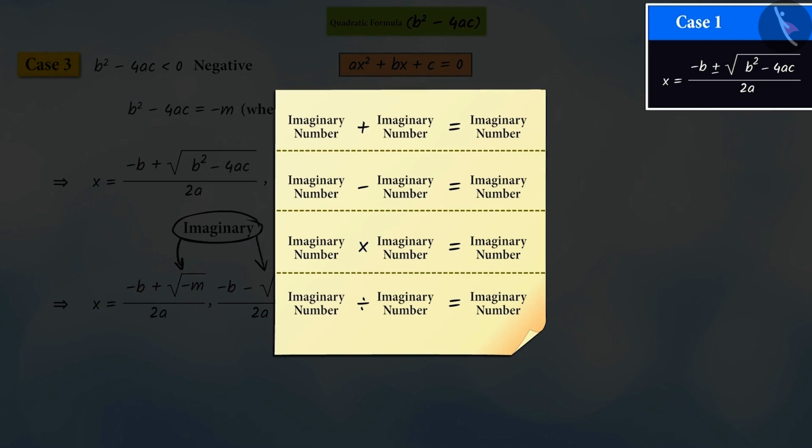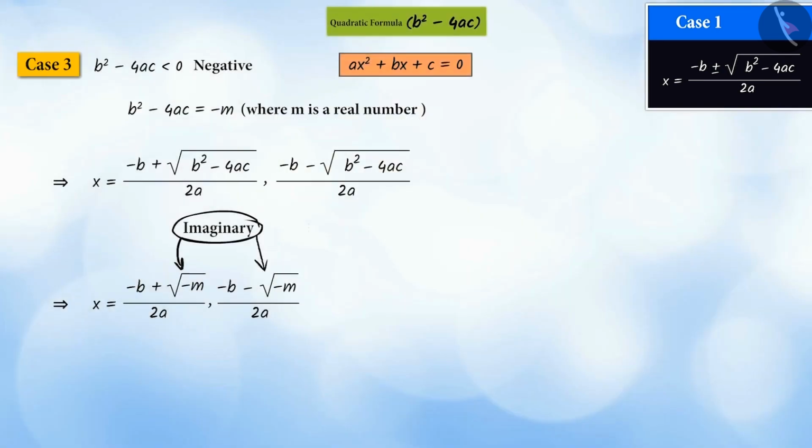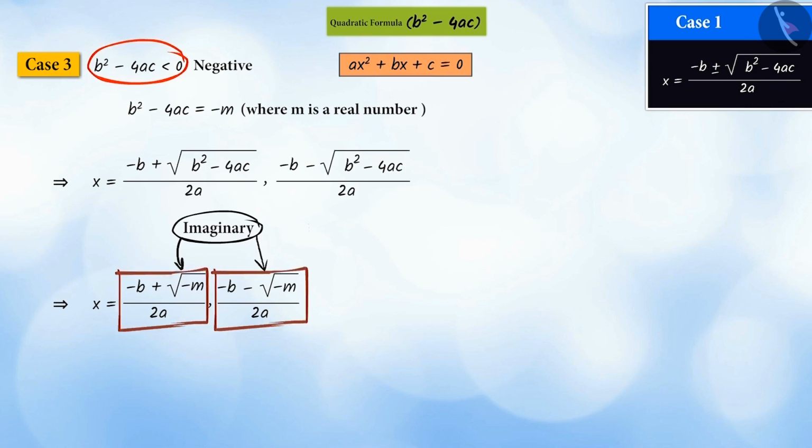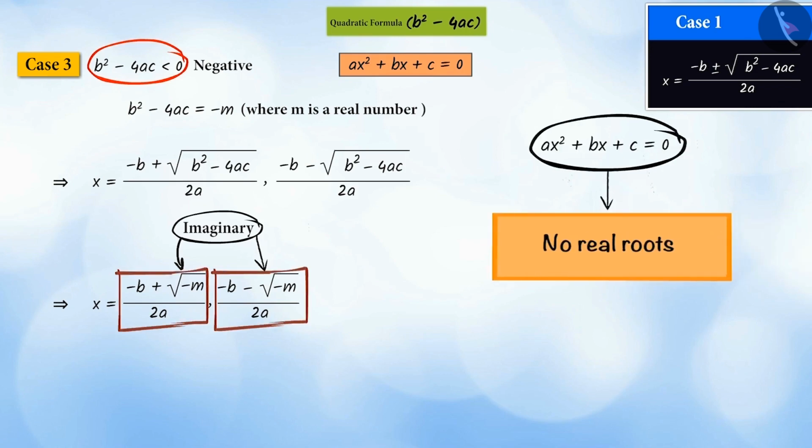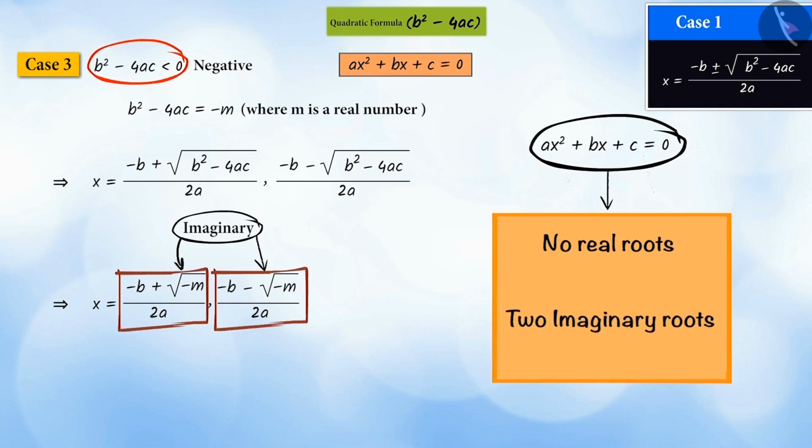And we know that by adding, subtracting, multiplying or dividing any imaginary number with a real number, the result is always an imaginary number. So, in the case when b square minus 4ac is less than 0, that is negative, you can say that the quadratic equation will have no real roots, or it will have two imaginary roots.